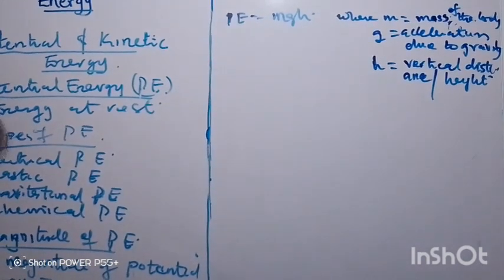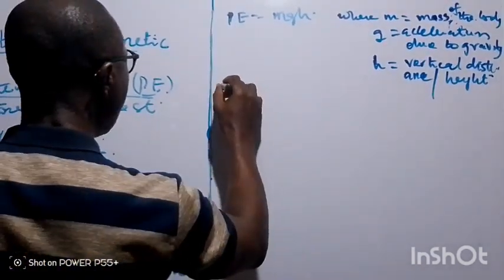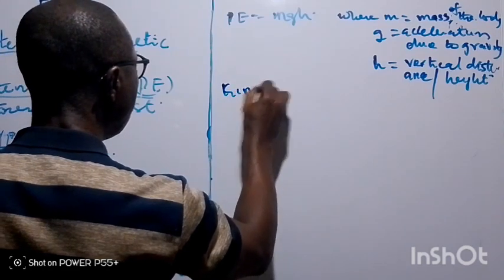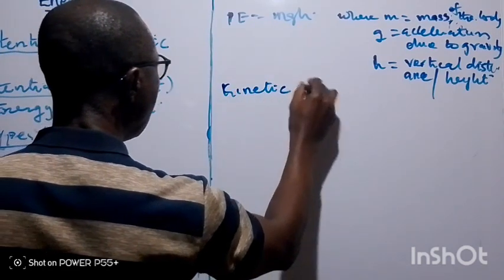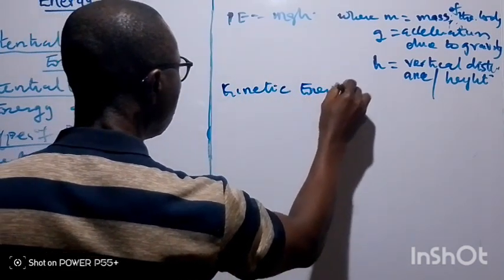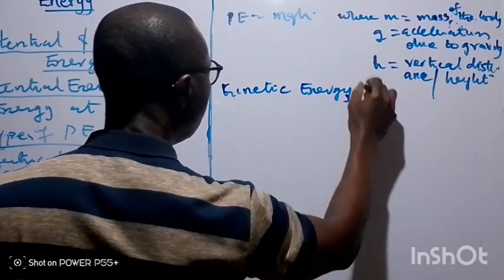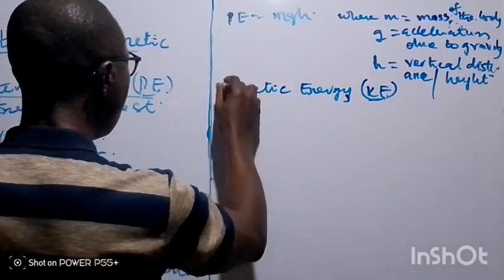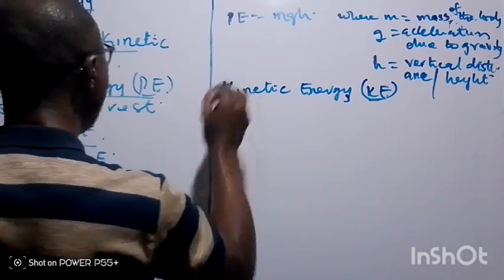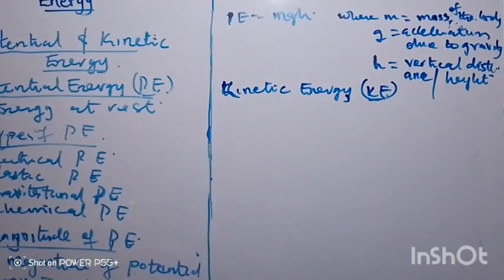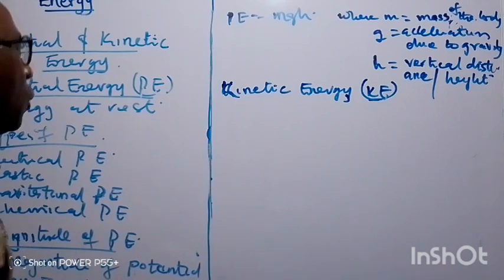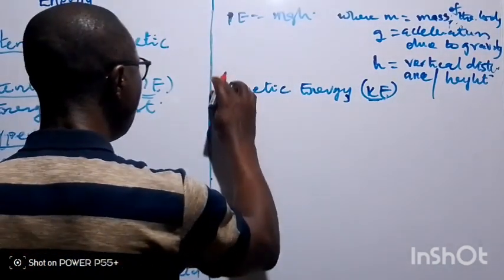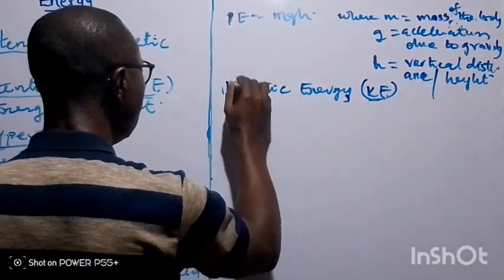Now the next thing is kinetic energy. The symbol for this one is KE. So when you say kinetic energy, as I said, it is energy possessed by a body due to its motion.